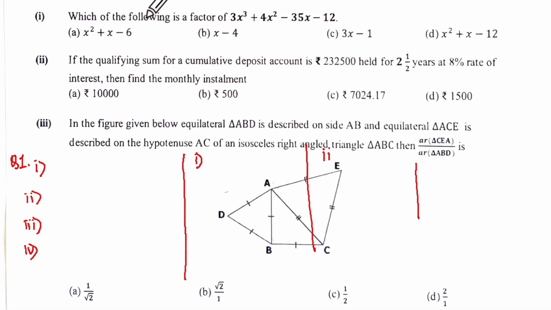Okay, so what are we doing now here? Which of the following is a factor? Now to begin with, it could be any one of these, right? X minus 4 also could be a factor. So x will be 4 in your mind, and then your f of 4 will be equal to, look at this.